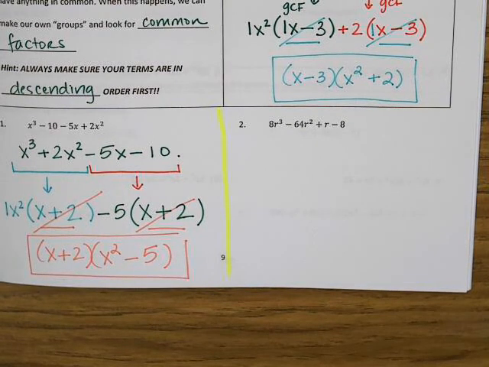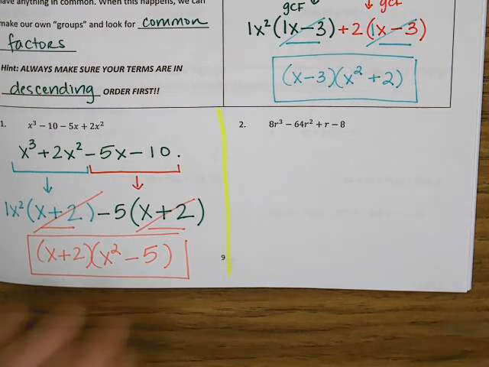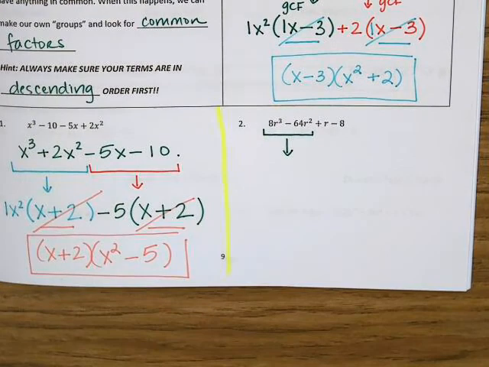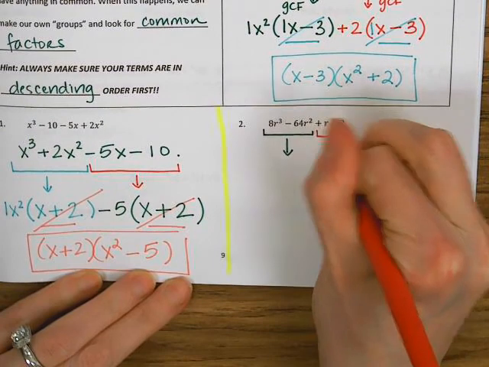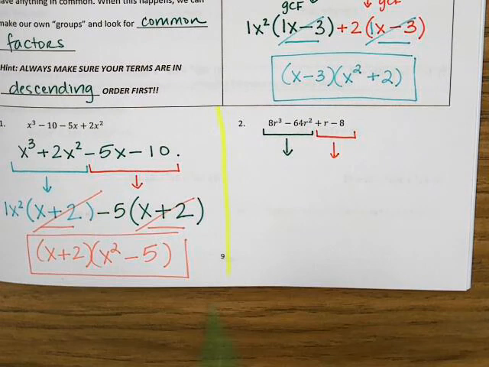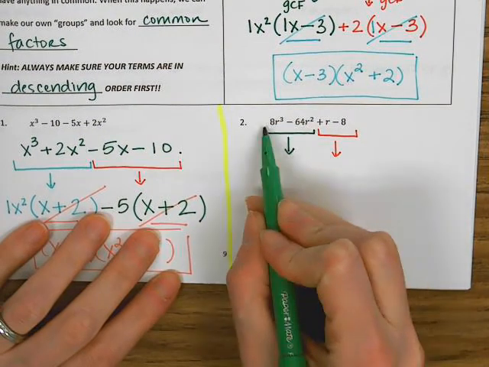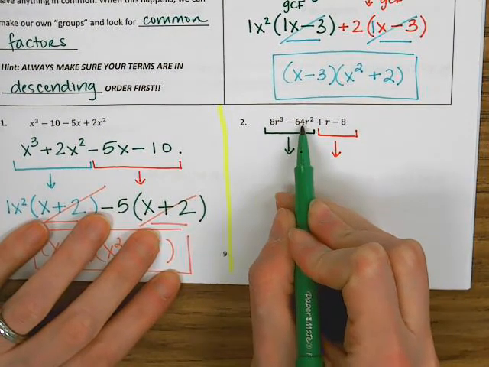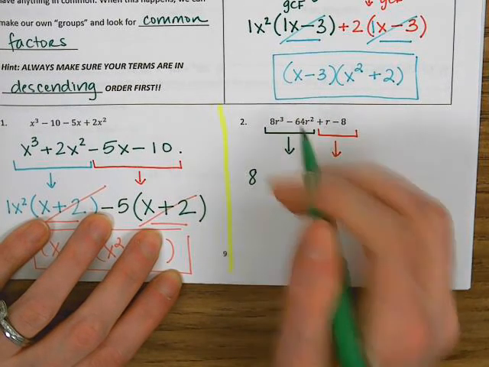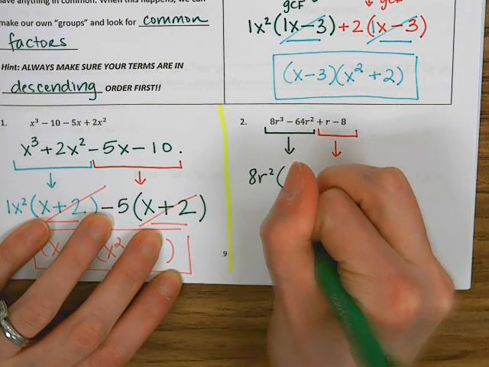Okay, so number 2, they are in descending order, so we are ready to go. So GCF from these, and then GCF from these. What can you guys divide out of these two terms? I would say definitely an 8, and the smaller amount of r's, so r squared.